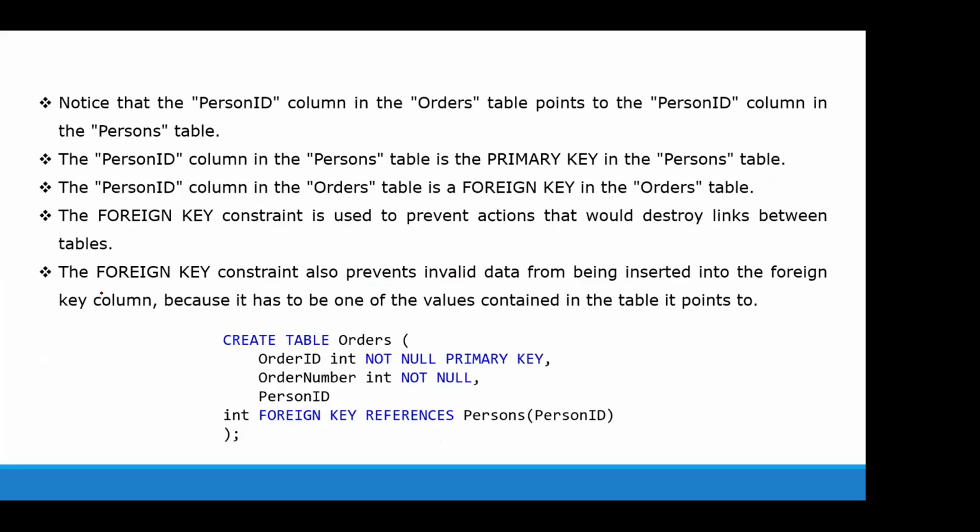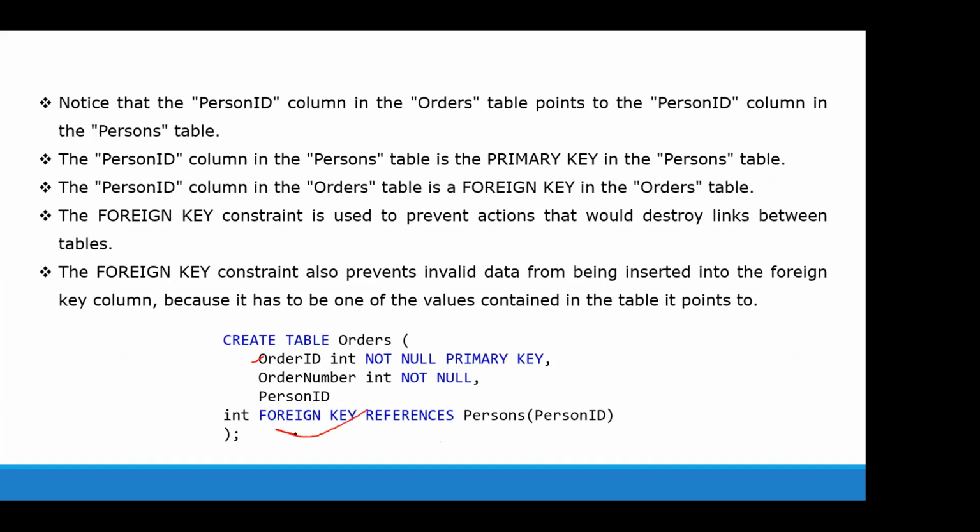Okay, how? Here you can see create table orders. So we are defining the foreign key in the orders table. Initially you have to define the persons table, define the primary key and save it in the database. So in the orders table we are giving order ID not null primary key, order number not null constraint, person ID.